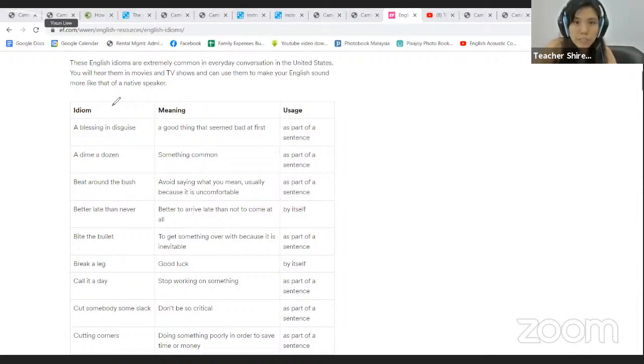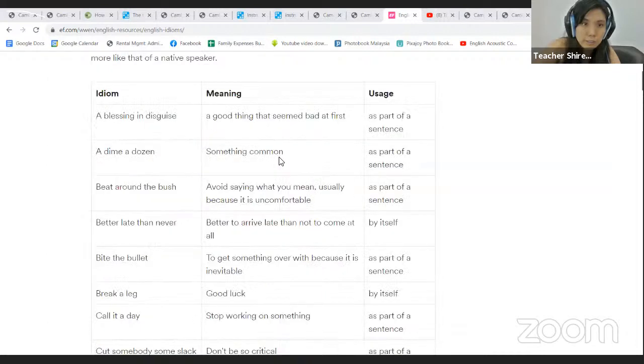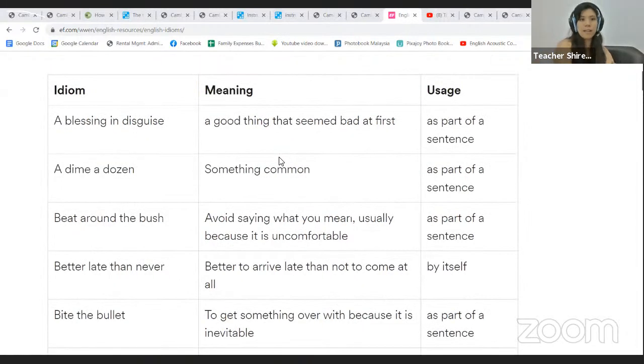Can everyone read 3, please? Can we have Joanna first? How about I make it bigger so it's easier for you to read? Okay, 3 by 3. A blessing in disguise.